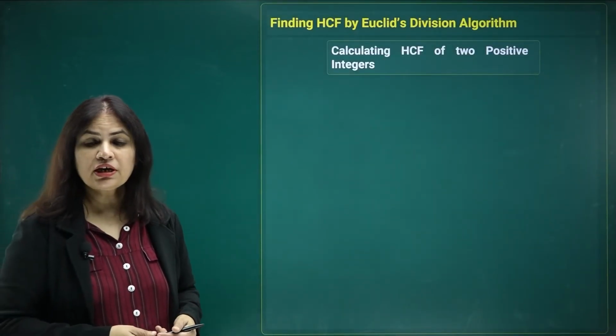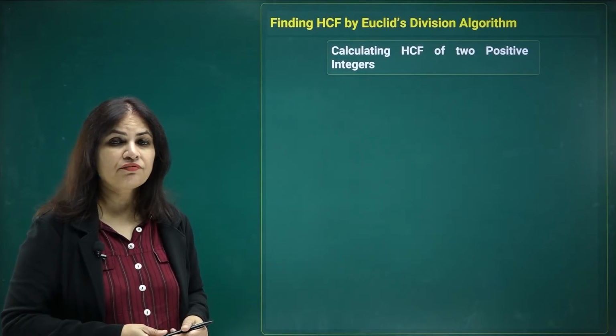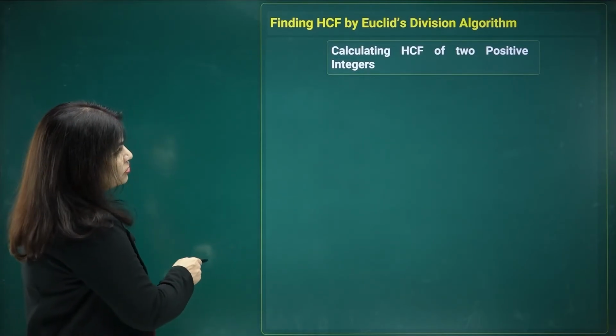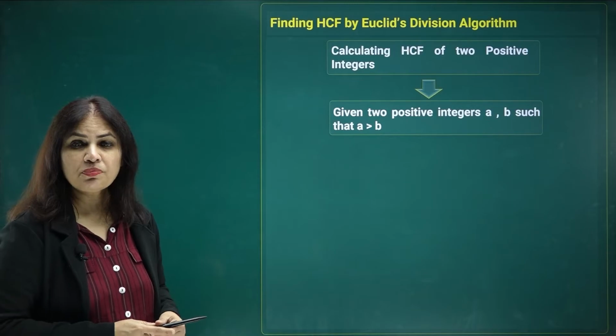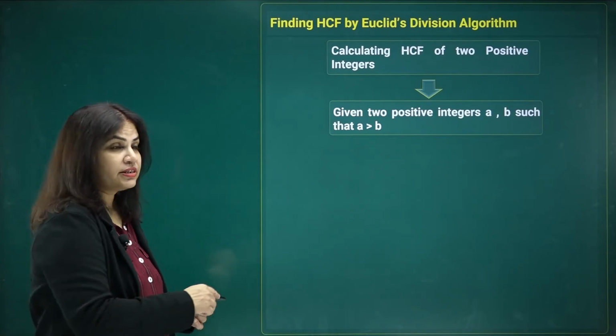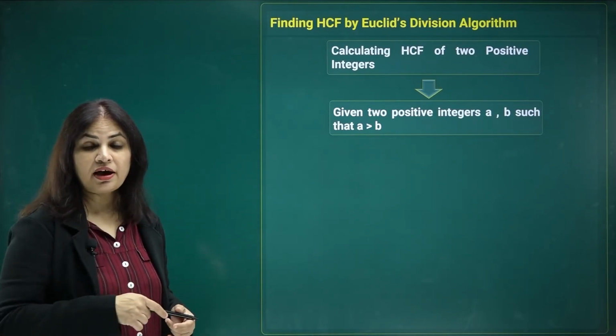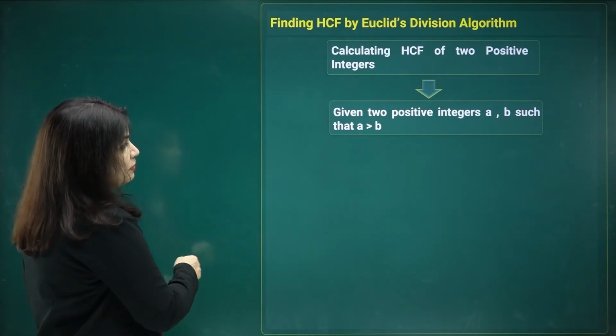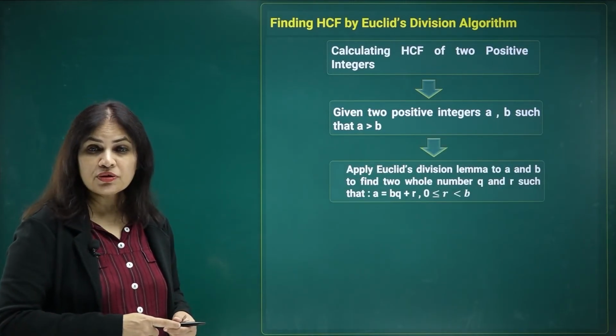So we have learnt how to calculate the HCF of two positive integers. Given two positive integers A and B such that A is greater than B, in our case 520 was greater than 140, apply Euclid's division lemma.